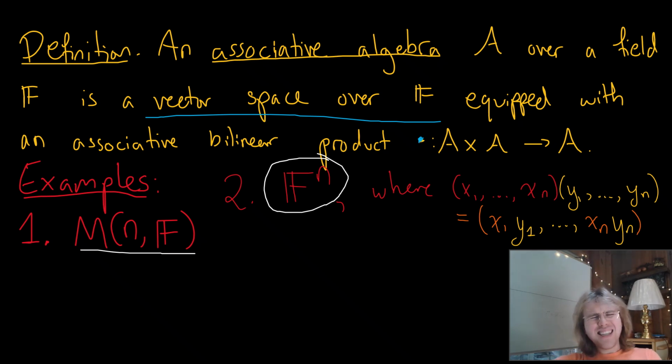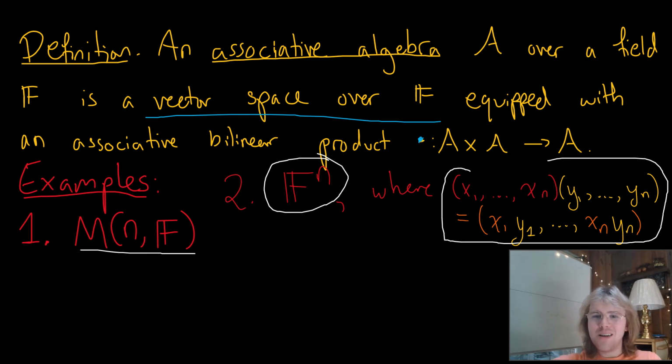No, you don't really see this at all. I've never seen this product before anywhere, but it's technically associative, it's technically bilinear. So it turns F^n into an associative algebra, probably a less interesting one than the matrices.